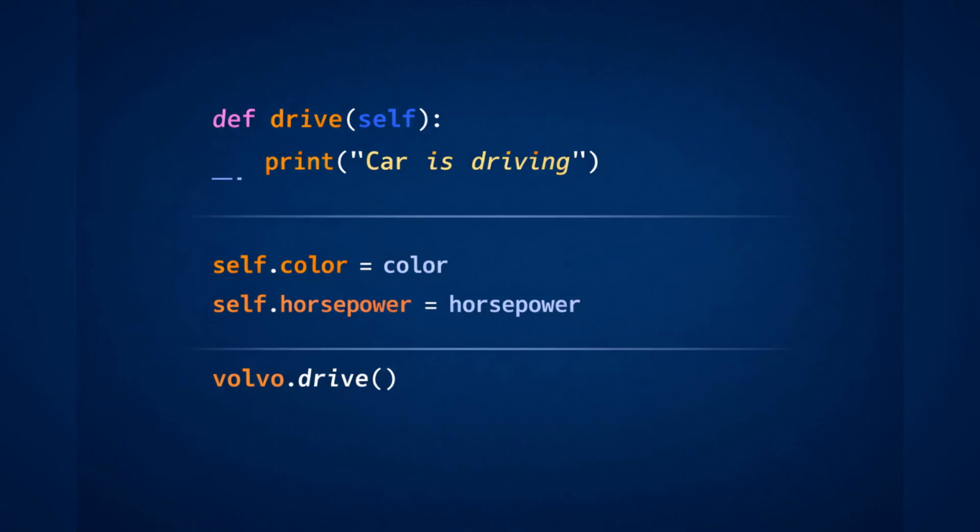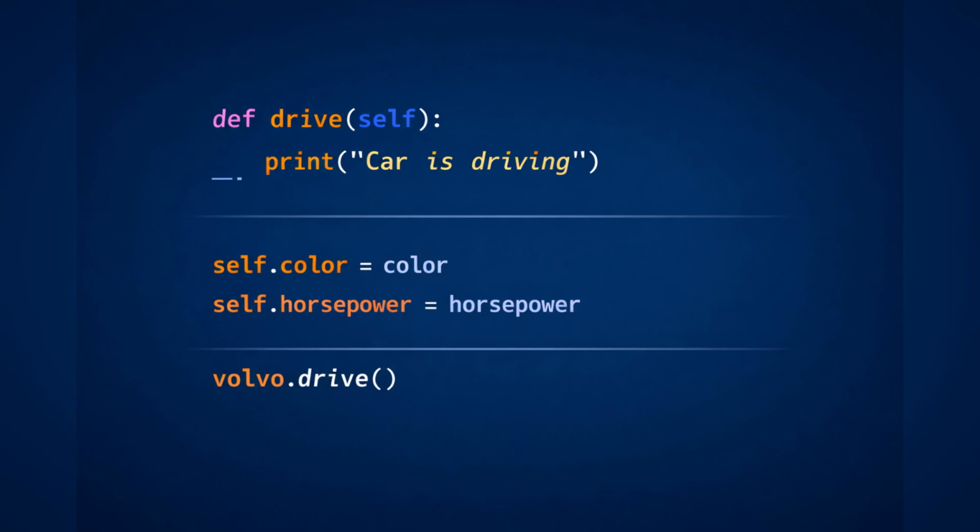Now let's talk about methods. Methods are functions that belong to a class. They define what an object can do. If a class defines what something is, methods define what it can do. For example, a car object might have a drive method that prints or simulates movement, or a method that displays its details.